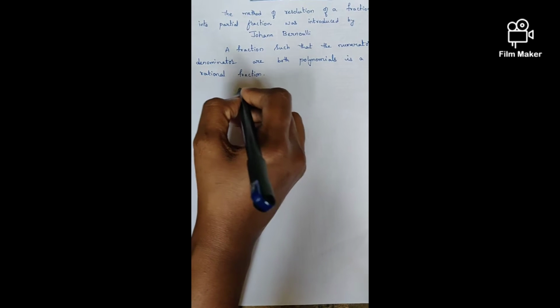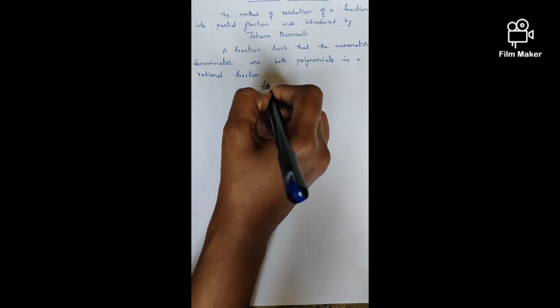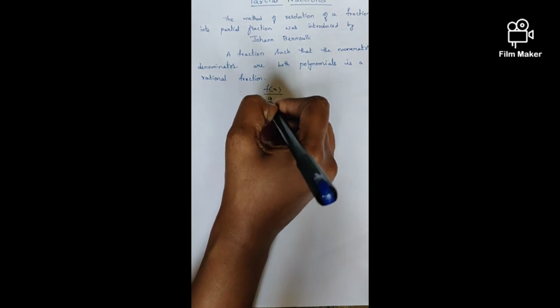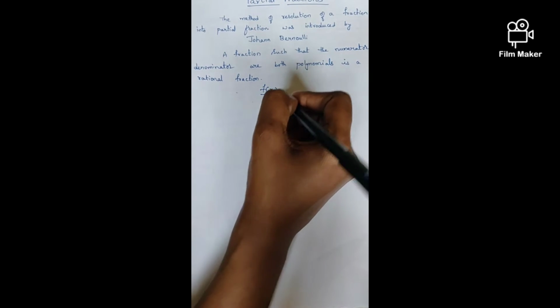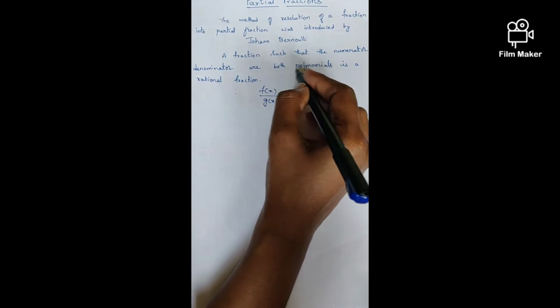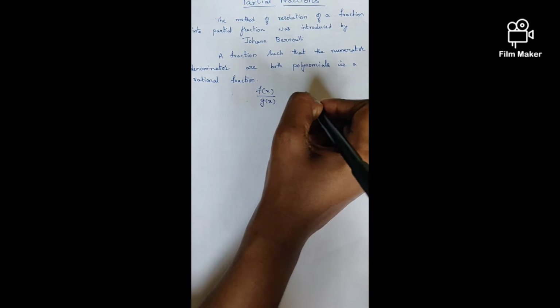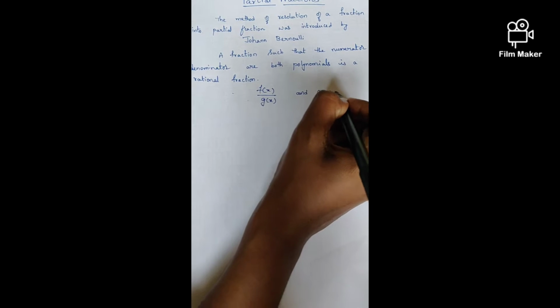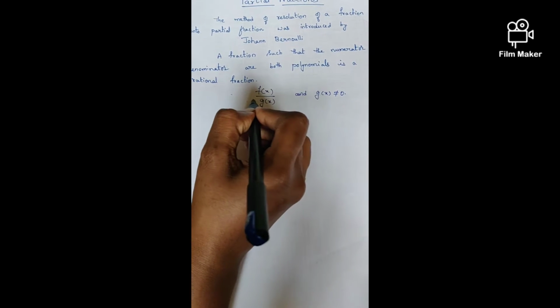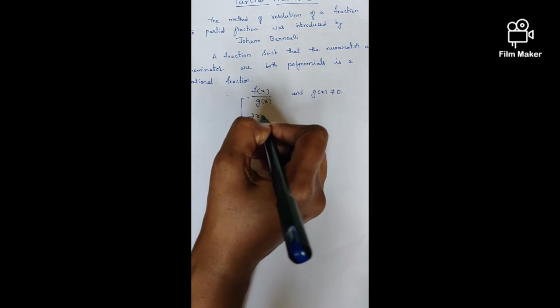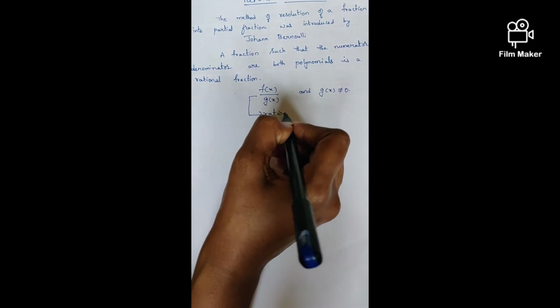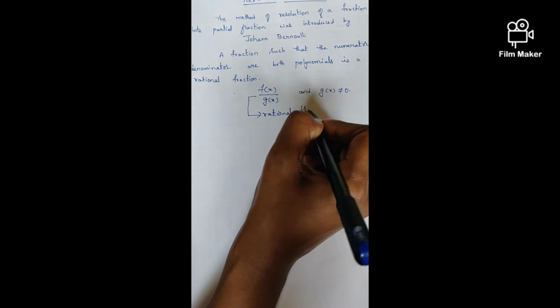A rational fraction is of the form f of x by g of x, where f of x and g of x are polynomials and g of x is not equal to 0. Then this is called a rational fraction.